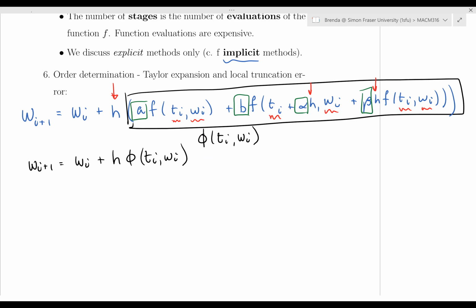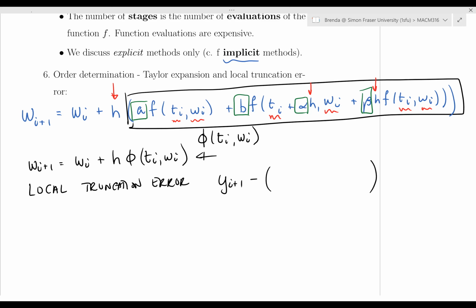Let's see if we can write the local truncation error. That is going to be yi plus 1 minus, what do I put right there?